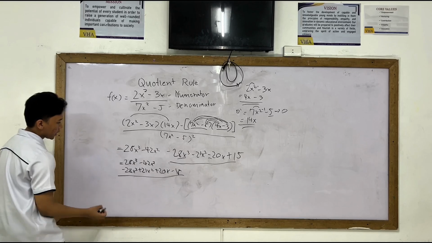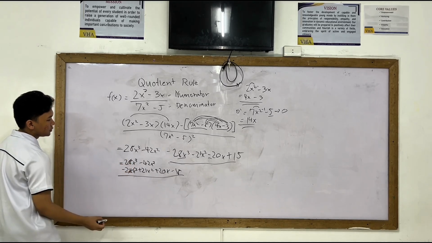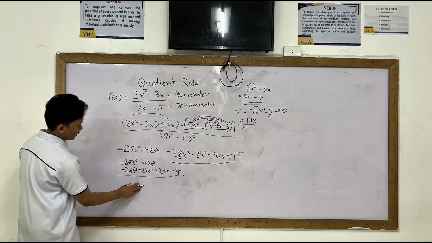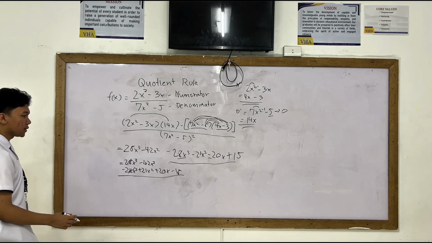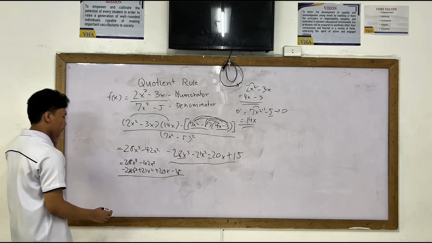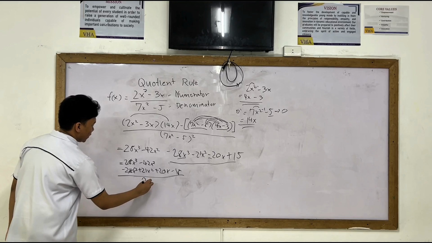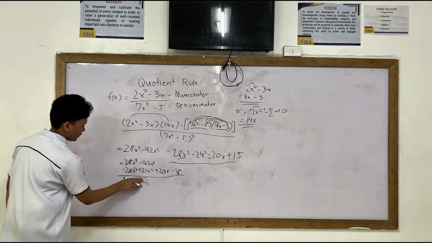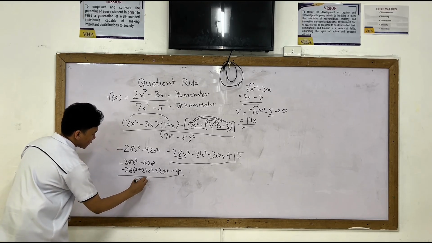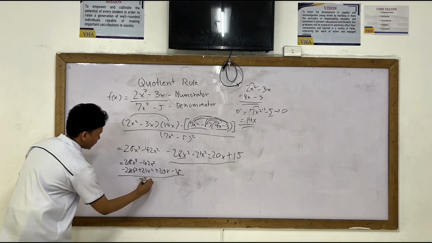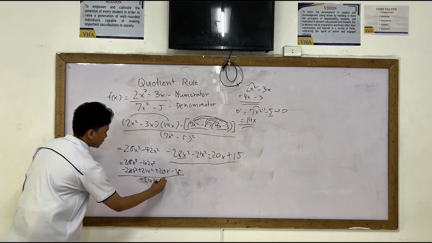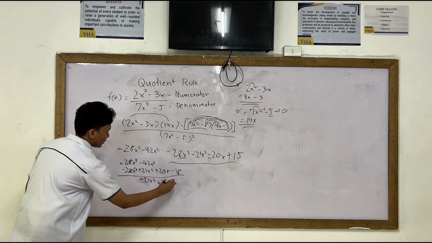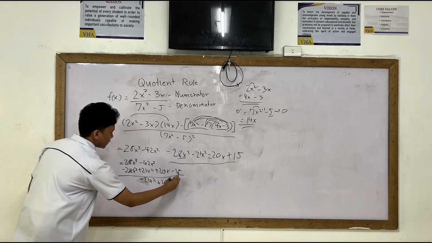Then cancel 28x³, and negative 42 plus 21x² will be negative 20x² plus 20x minus 15.